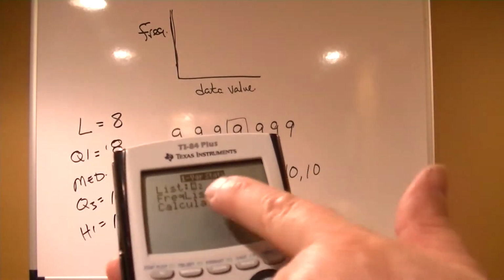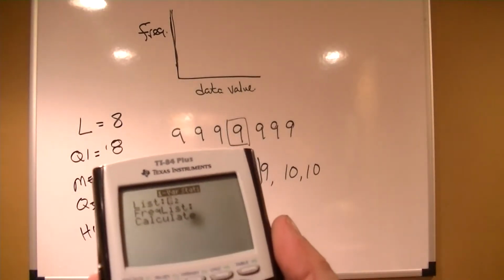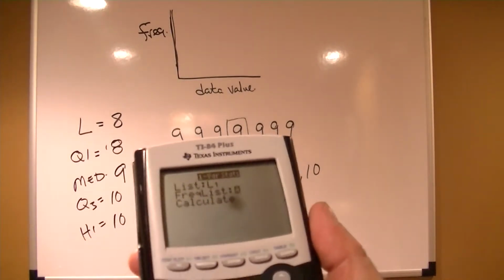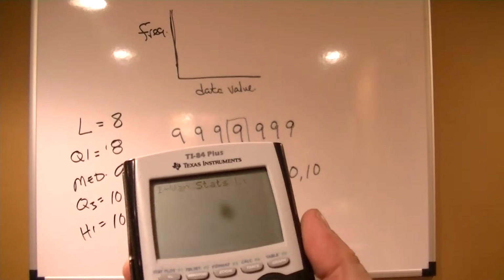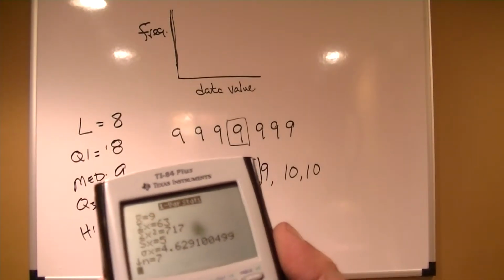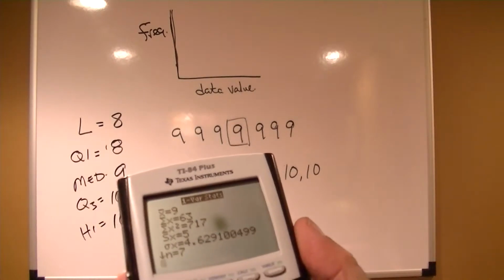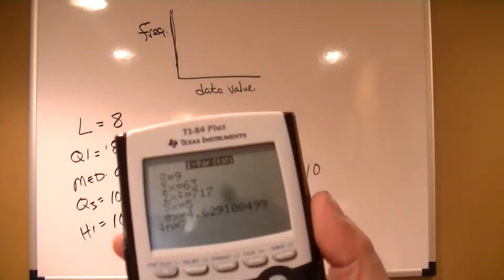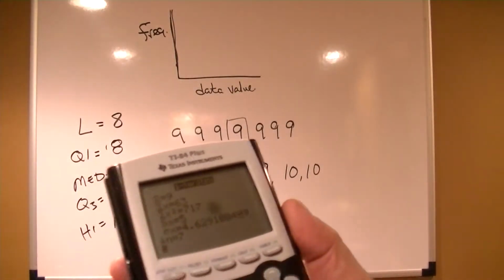Enter. Change this to L1. Please be careful as you're doing all these problems that you keep the list and calculate the one you want, whichever list that you're on. So here I've got it, and what's the standard deviation? 5, Sx. Okay, good enough.